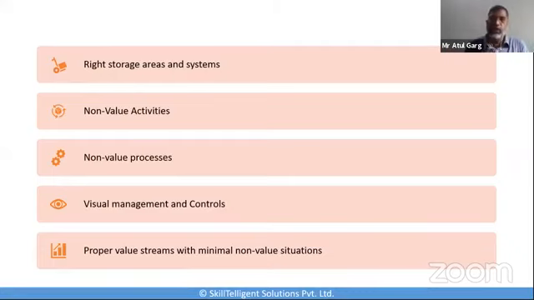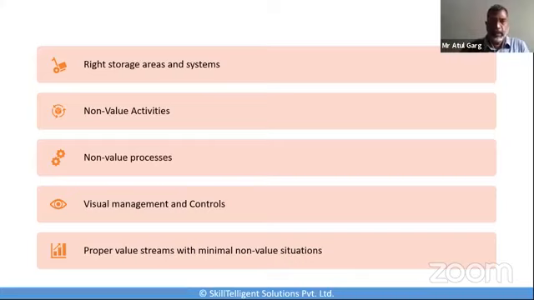For this, we drew spaghetti diagrams and identified where unnecessary transportation was taking place and why. We carried out certain kaizens, which helped us improve and reduce our non-value activities.